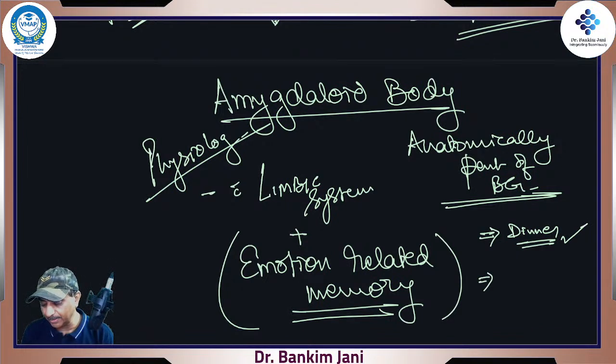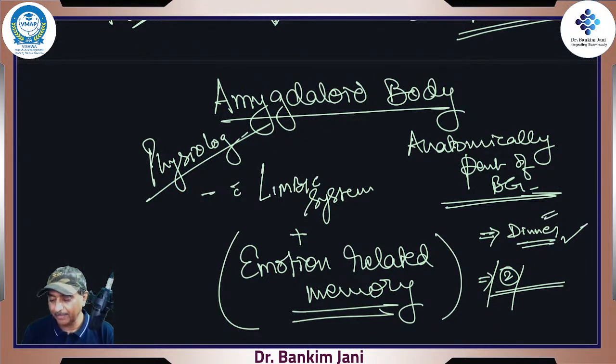Otherwise, routinely we keep on eating without any emotions. Even after 2 days, it is impossible for us to recollect what was in the breakfast or what was in the lunch. However, this particular party, even after years together, you can recollect that these were the people, this is what we ate, etc. Emotion related memory.